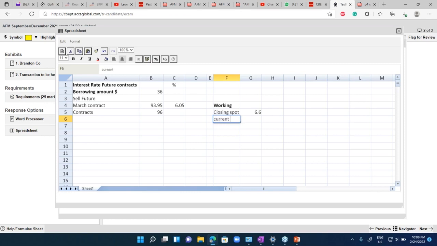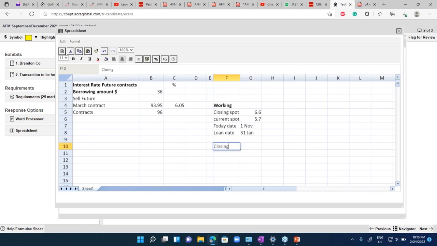Let me write all the data for you people. Current spot is 5.7. Today date is 1st November. Loan date is 31st January. Now calculate the closing future.